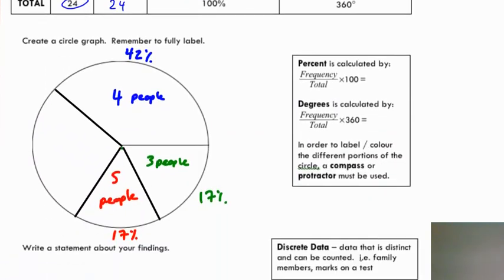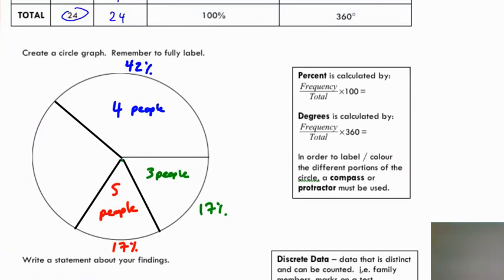So, okay, let's choose a different color. Now, 2 people in a family, we're looking at 45 degrees. So if we were to think about being at 90 degrees here, halfway to that is right here. And I should have done that in black. All right, let's try that again. There we go.